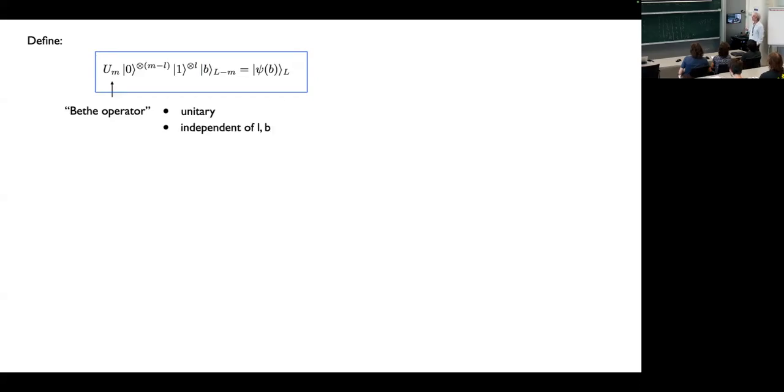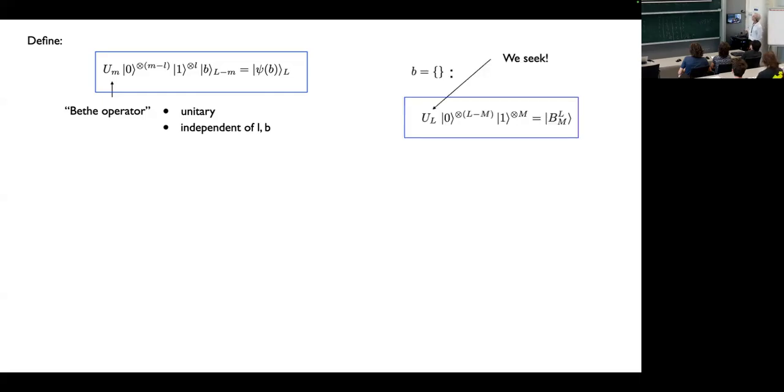Again, it should be unitary, and I want it to be independent of the tail b, and also L. In particular, as I said, when the tail b is empty, I get the whole Bethe state. So then I have a unitary which maps this product state into the Bethe state, and this is the thing we're looking for.